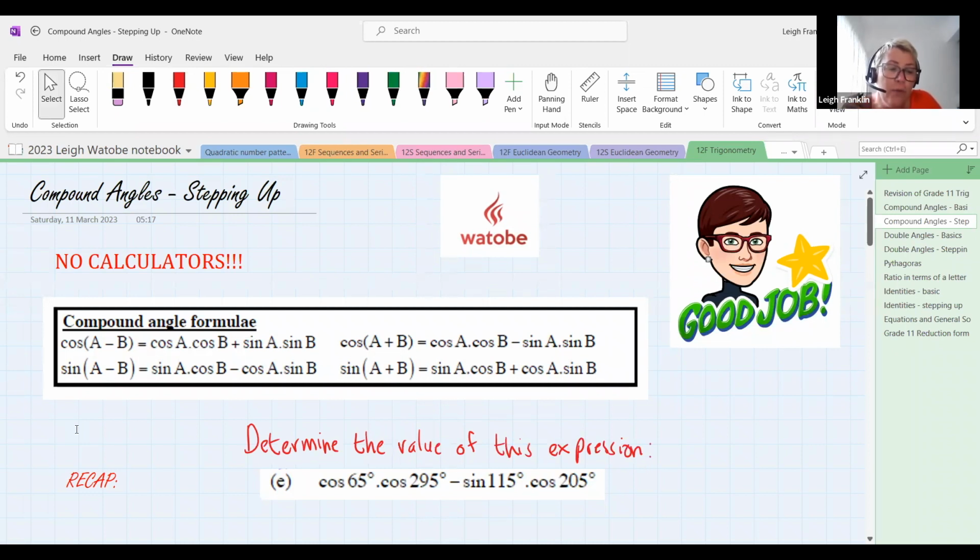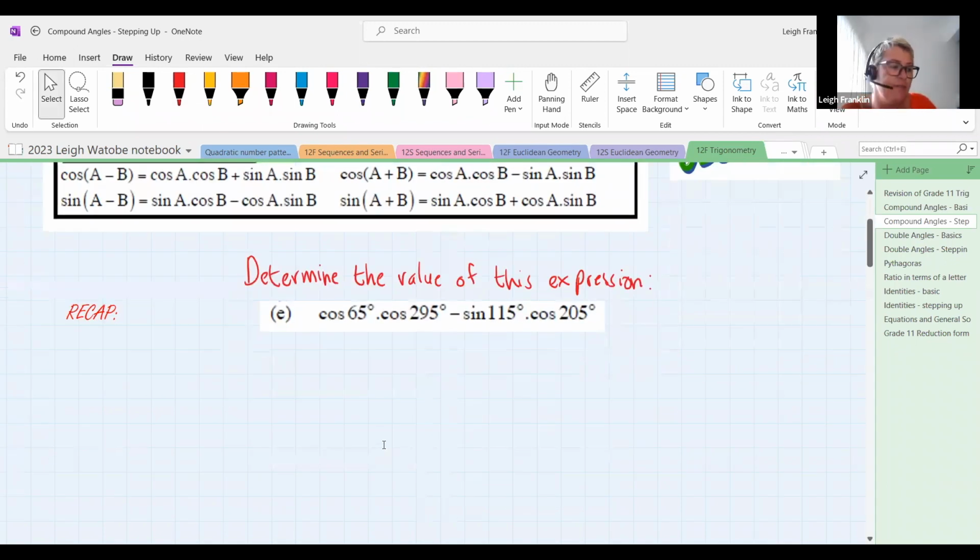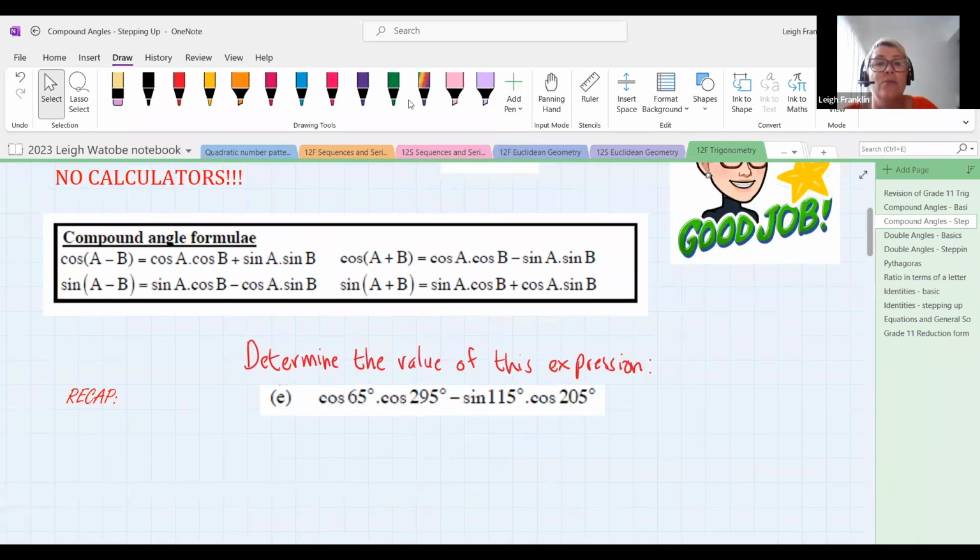If we recall from last time, when we look at an expression like this, what is the first thing that we need to think about, Matrix? When we look at the numbers and we see 65, 295, 115, 205, what's the first thing that pops into our minds before we even start thinking about compound angle formulae?